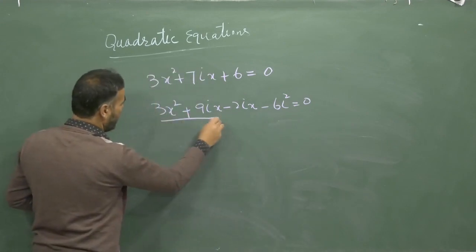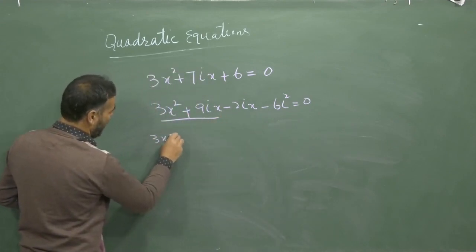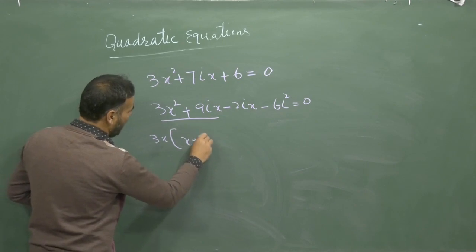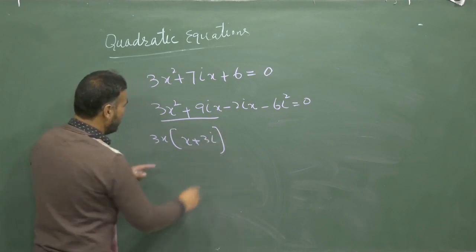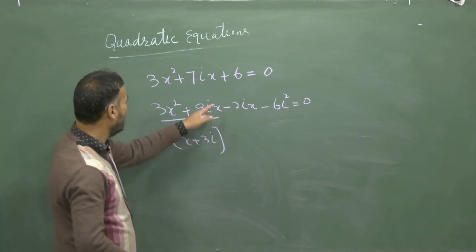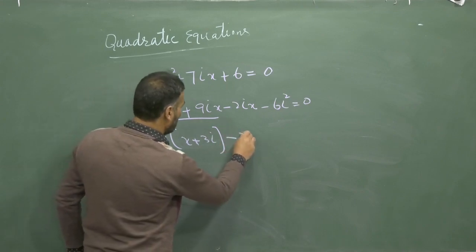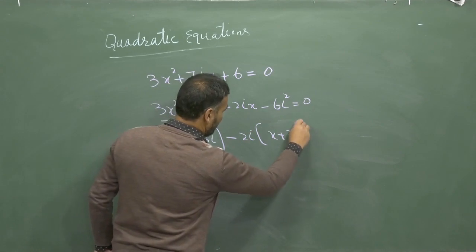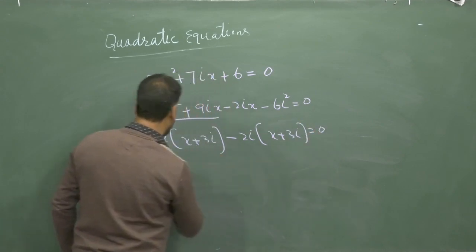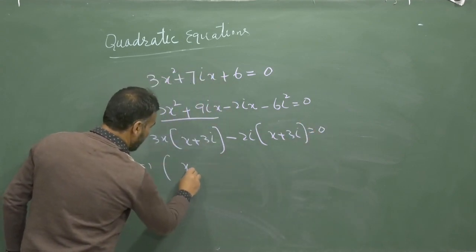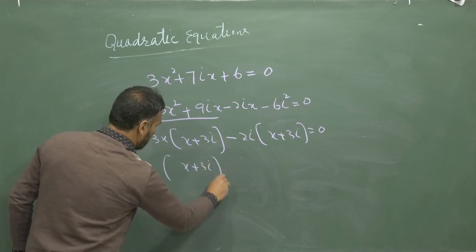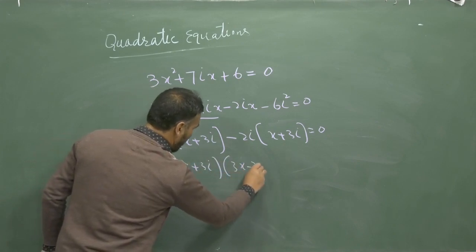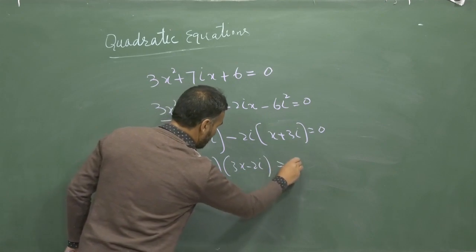Now you can take 3x as a common factor. It will be x plus 3 iota, that is 3x square plus 9 iota x, minus 2 iota you can take as a common factor, it is x plus 3 iota, equal to 0. That is x plus 3 iota into 3x minus 2 iota will be equal to 0.